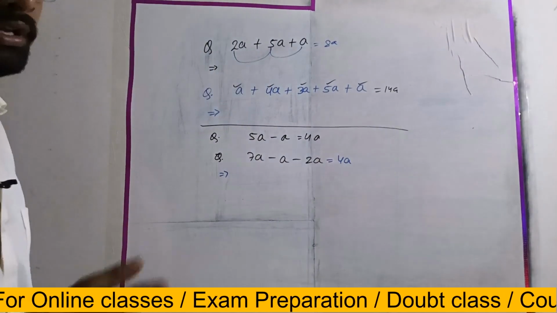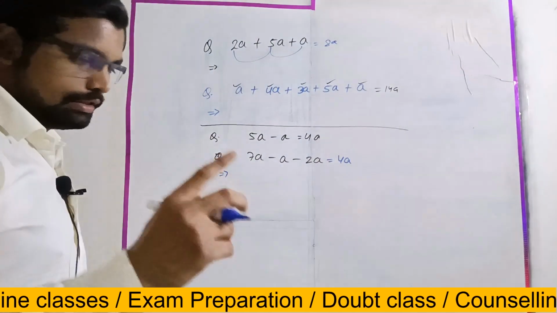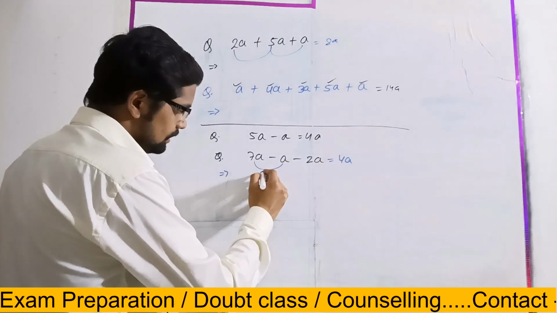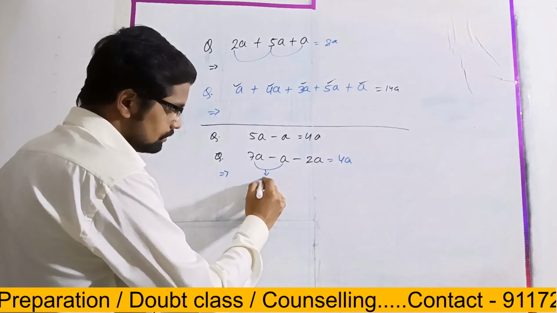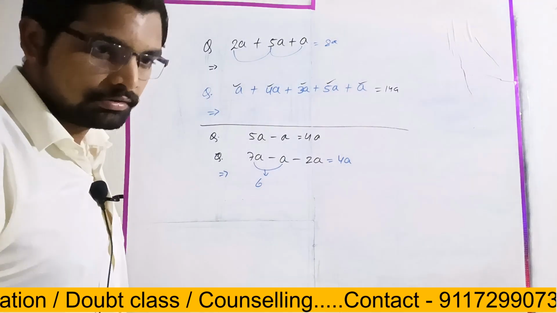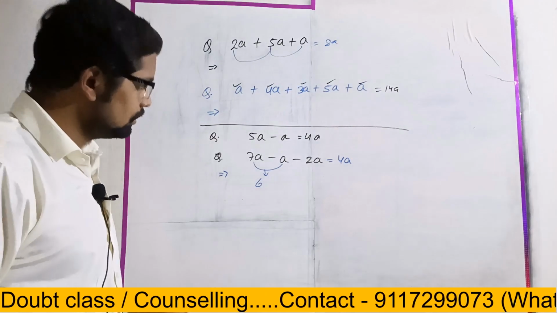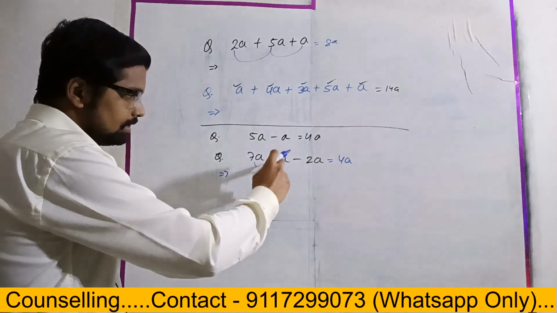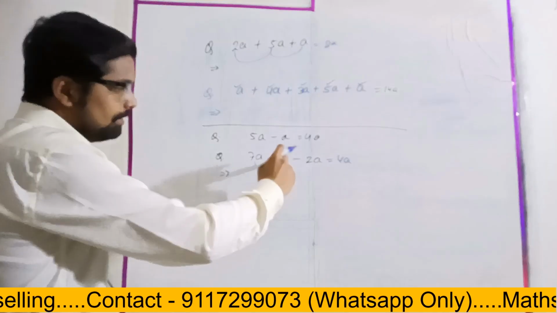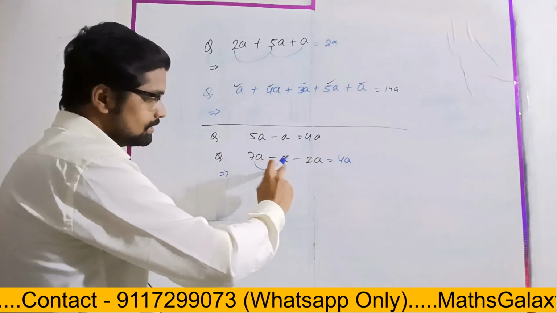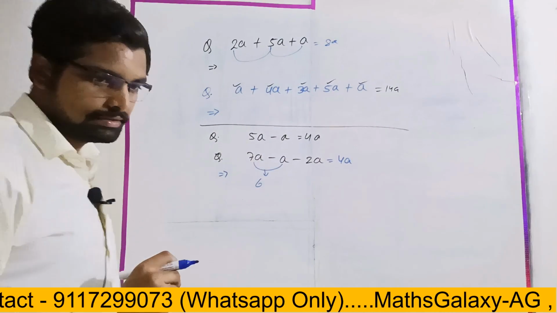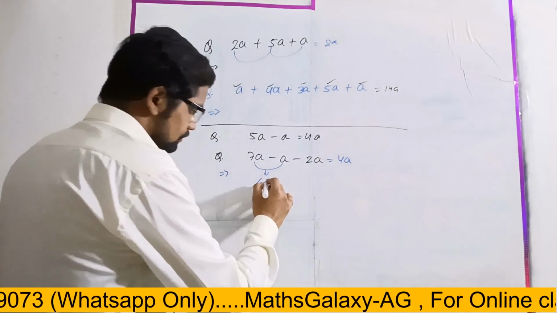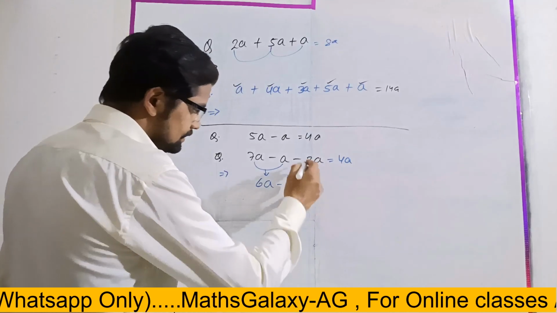This one we can do in two different ways. The first way, we can do it one by one. 7a minus a, it will be 6a. 6a minus 2a, write it as it is.